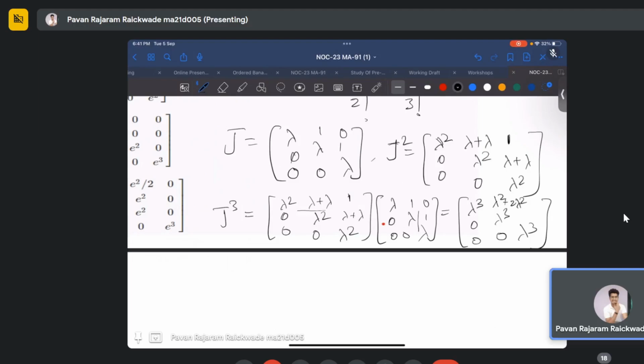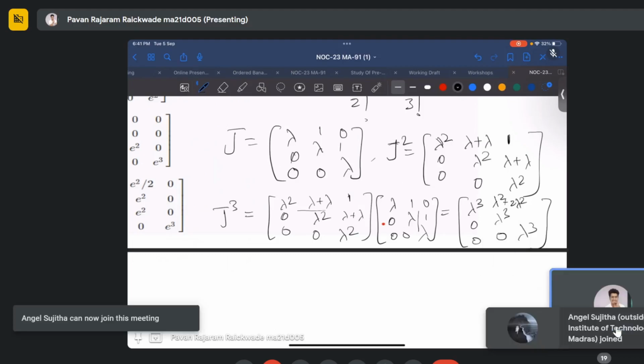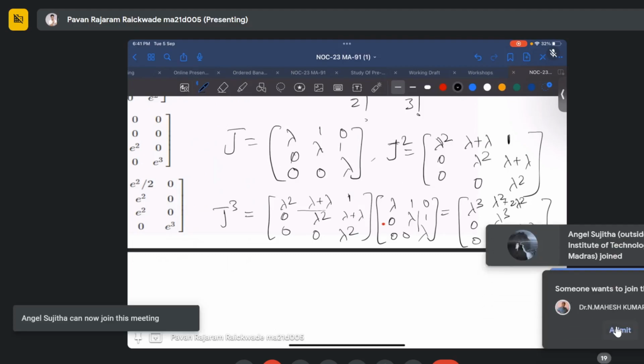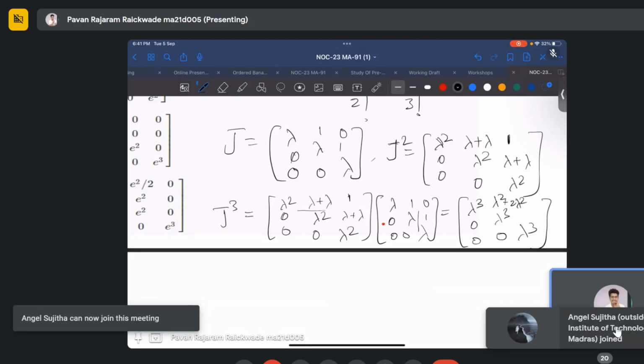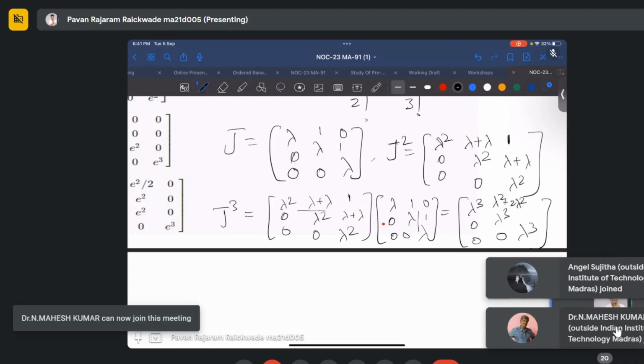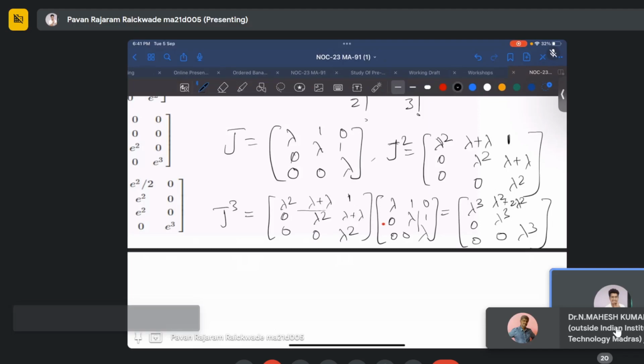As far as I can see, lambda squared plus 2 lambda squared. And here I get the third. In the third I get 0, 2 lambda plus lambda, 3 lambda.